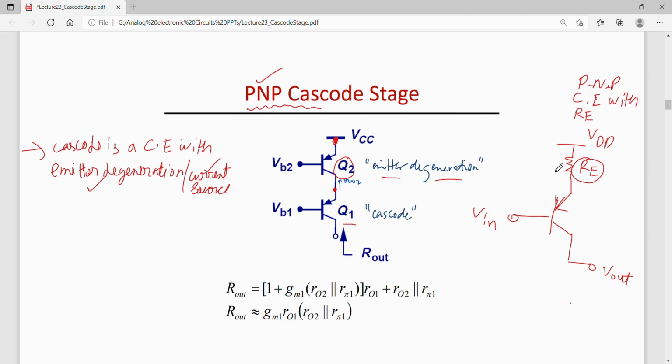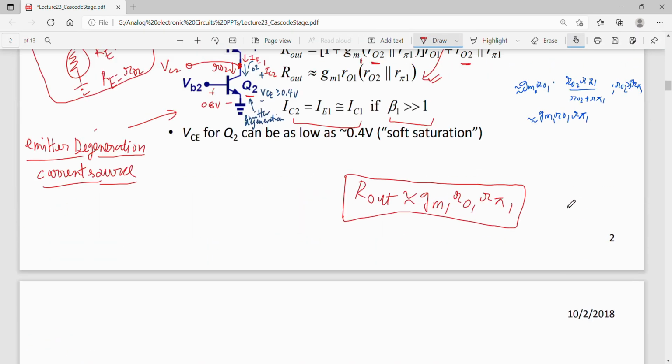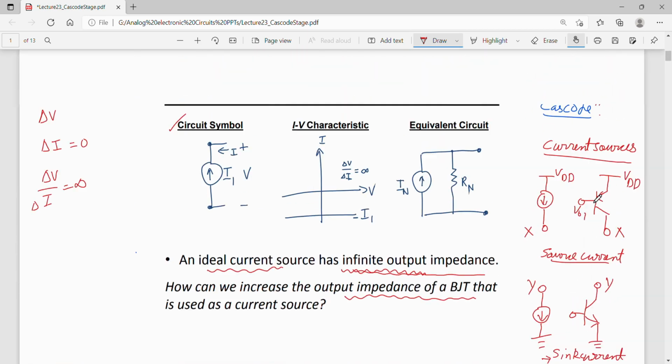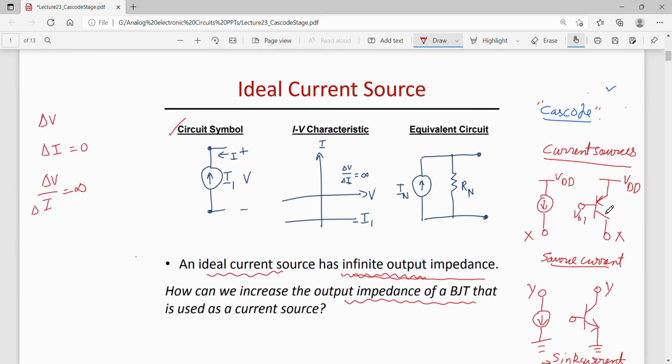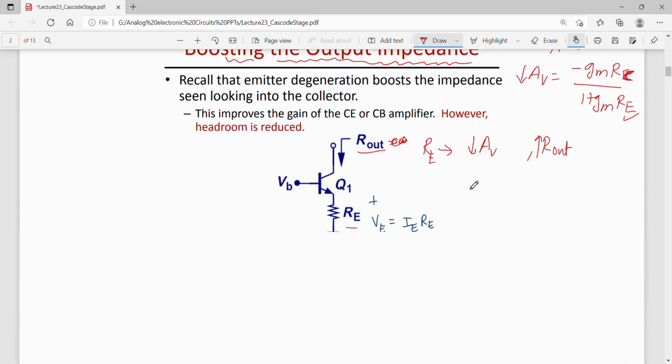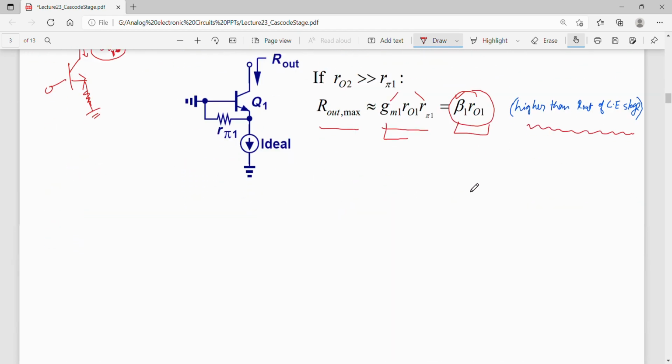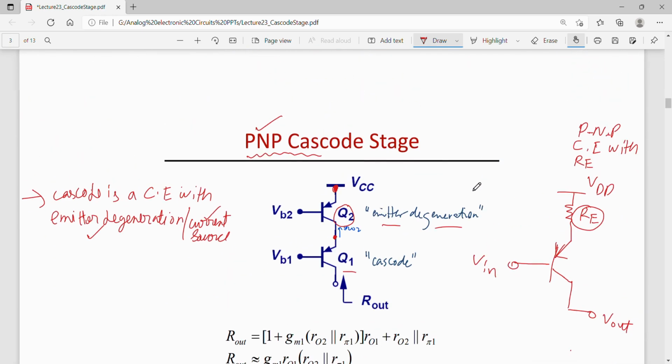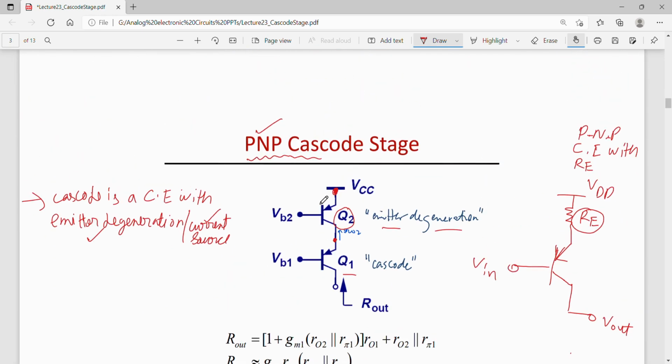We had already drawn the current source using PNP, which takes current from VDD and supplies it to node X. So it can be used to source the current, or as a current source. Here also, in a PNP based cascode, this is working as a current source.